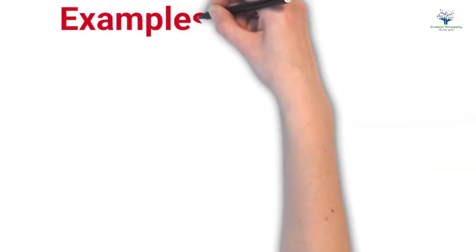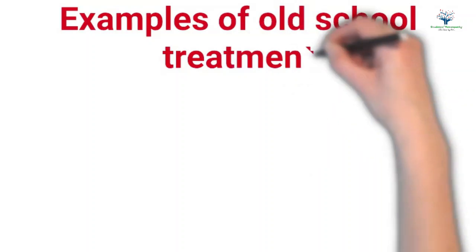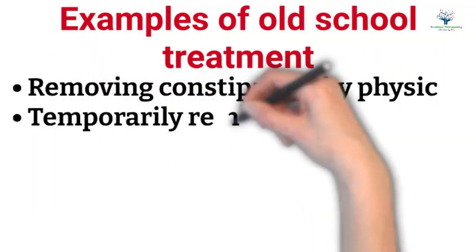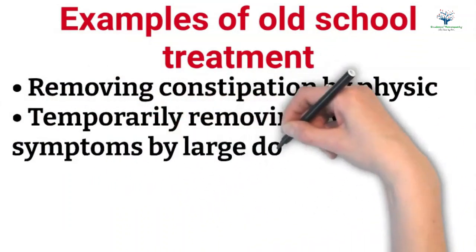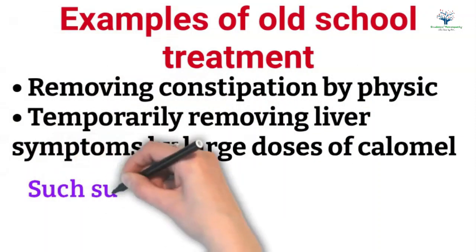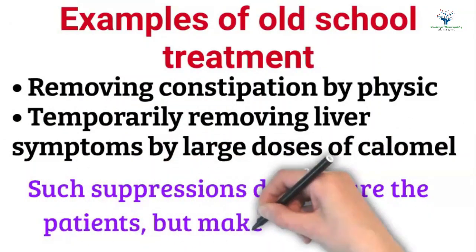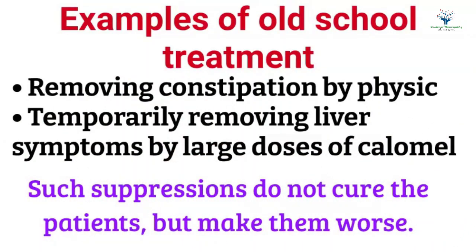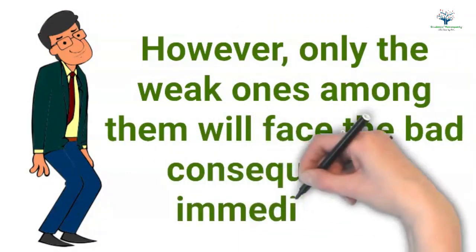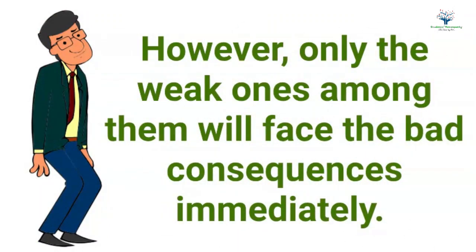Then, examples of some of the treatments of the old school: removing constipation by physic, temporarily removing liver symptoms by large doses of calomel. Such suppressions do not cure the patients, but make them worse. However, only the weak ones among them will face the bad consequences immediately.